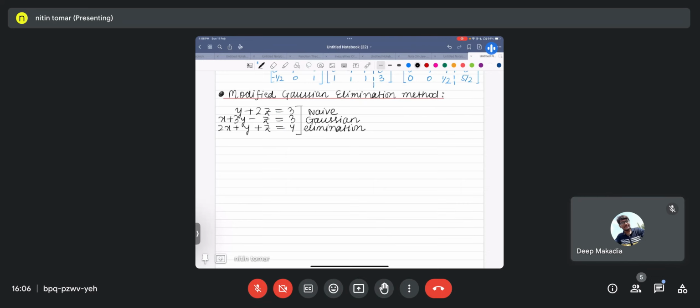So this method fails because A11 is zero.